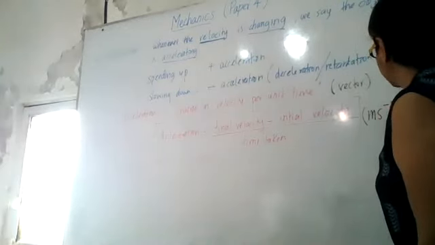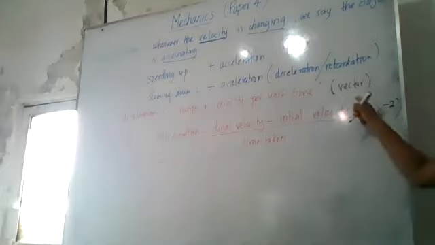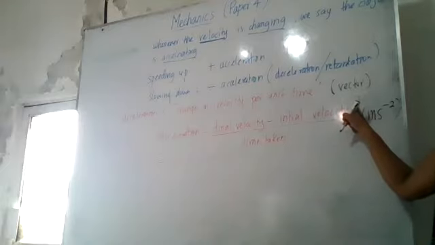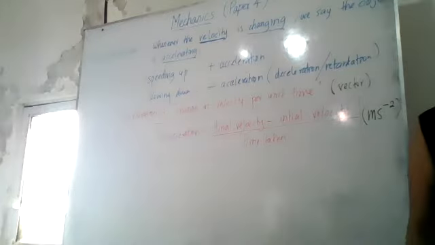So the unit is meters per second square. Do you see how you get this? On top is velocity, meters per second, divided by another second in the bottom. That gives you meters per second square.